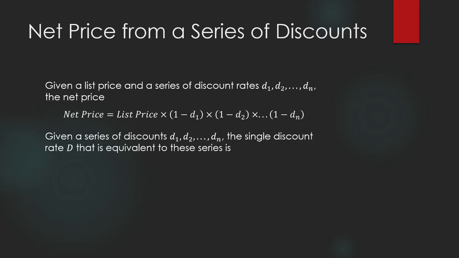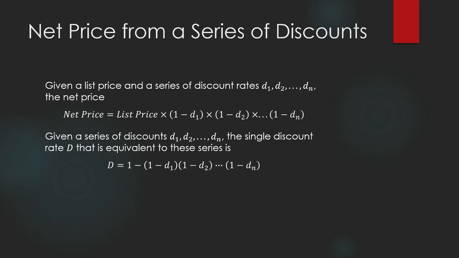Okay. Now, given a series of discounts, D sub 1, D sub 2, up to D sub n, you can produce a single discount rate, let us call that capital D, that is equivalent to all these discount rates. And this is how you compute for that discount rate, okay?